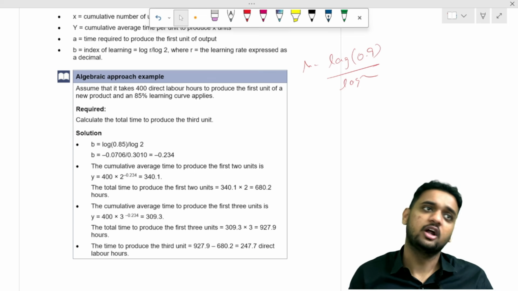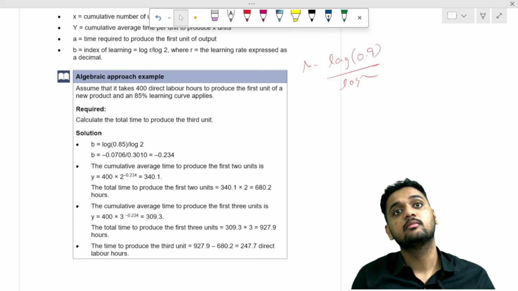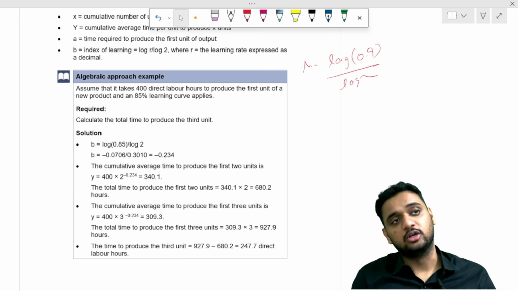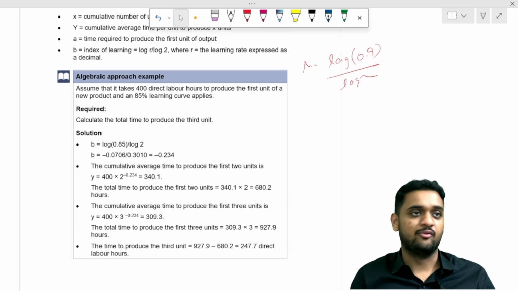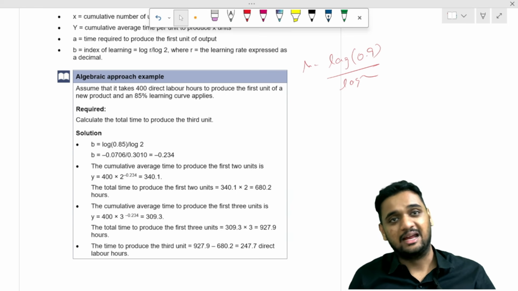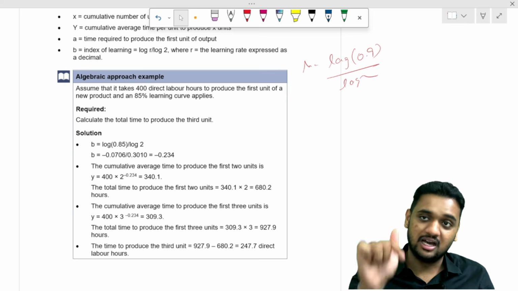How will you get the time for the third unit alone? Average time into 3 gives the total time for 3 units. Correct. What is the total time for 3 units? 309.3 into 3 is 927.9. Good. But I am asking the time taken to produce the third unit.